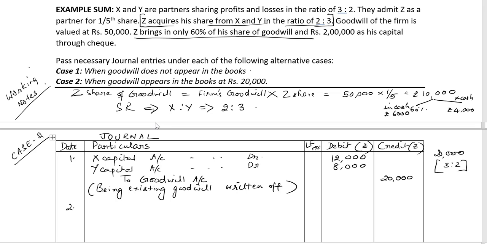The next journal entry will be for the capital and the premium for goodwill, which is brought in by Z. So we have bank account debit to Z capital account, to premium for goodwill account.